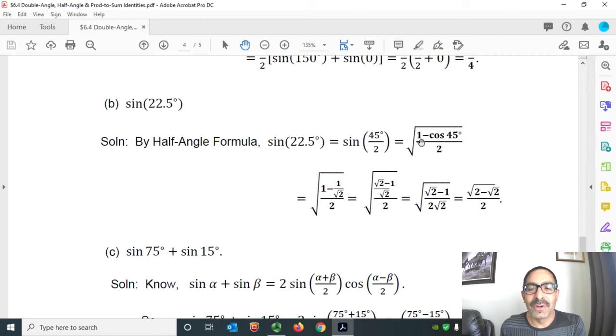Under the radical, 1 minus cosine alpha over 2, alpha is 45 degrees. So here, we know cosine 45 degrees is 1 over radical 2. Then we have the fraction in the numerator. Let's solve the fractions first here.